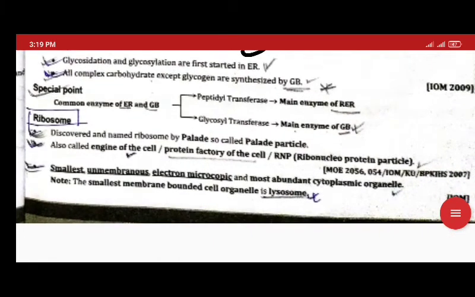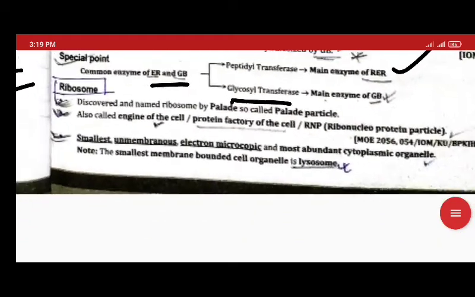Now a special point: the main enzyme in RER is peptidyl transferase, and glycosyl transferase is the main enzyme in the Golgi body.